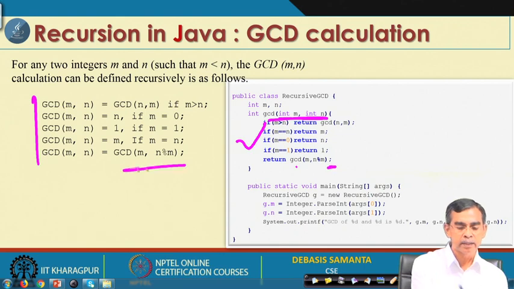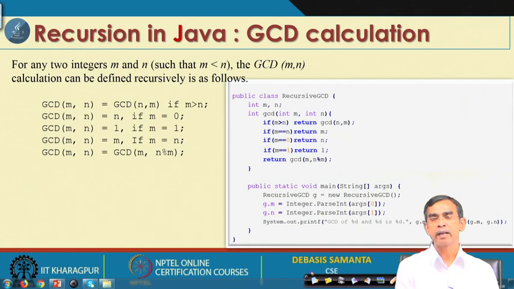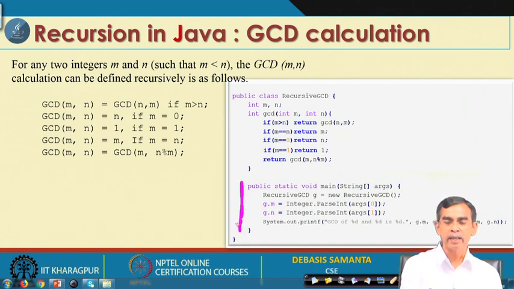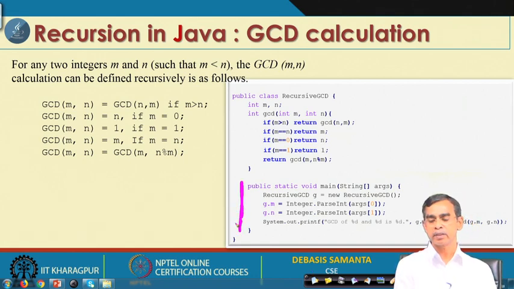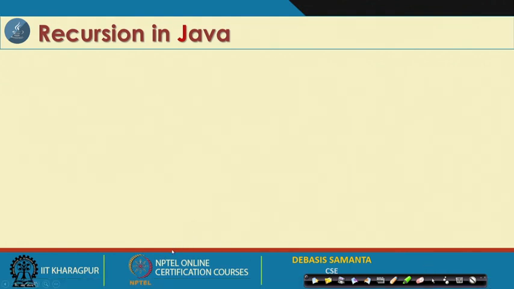So, this way the recursion can be carried out, and this is the main method where we just call this recursive method to calculate the GCD for any two integers read from the command line argument or the keyboard. So, this is the idea about the GCD calculation, and we have discussed a few examples of GCD calculation.